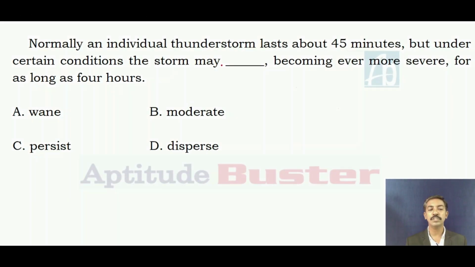Normally, an individual thunderstorm lasts about 45 minutes, but under certain conditions, the storm may. I would like to provide you some structural clues for sentence completion questions. You can make a note.